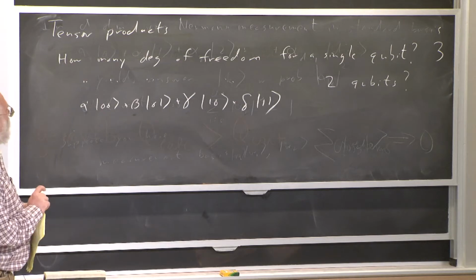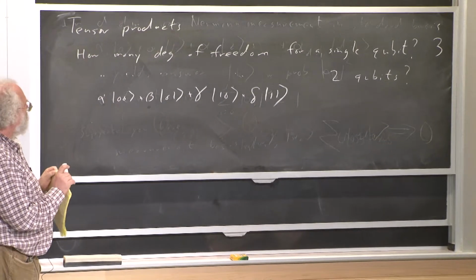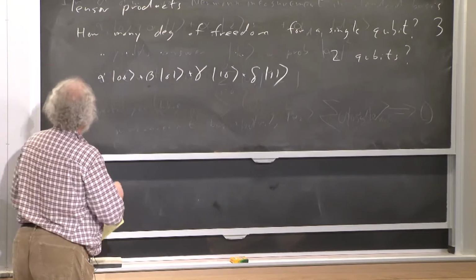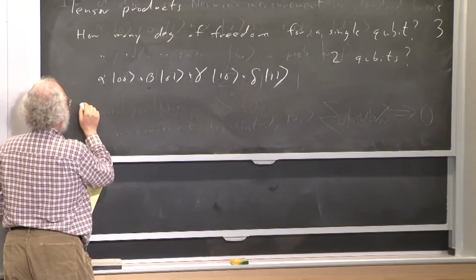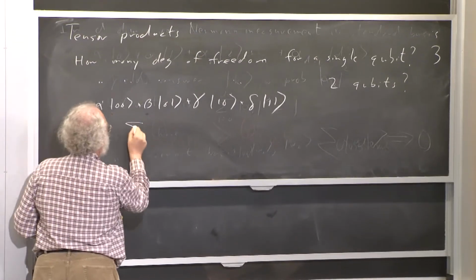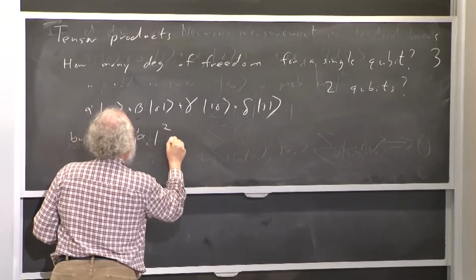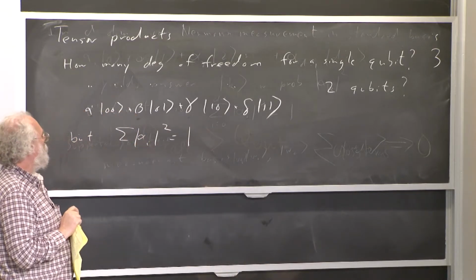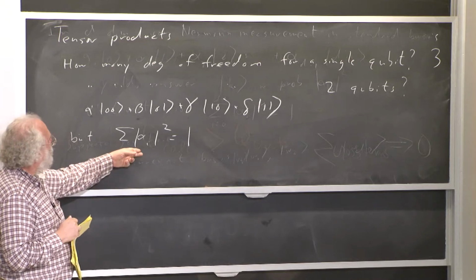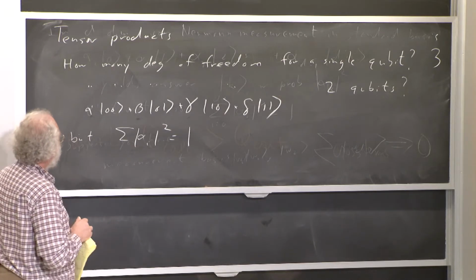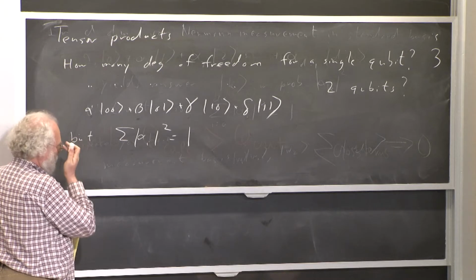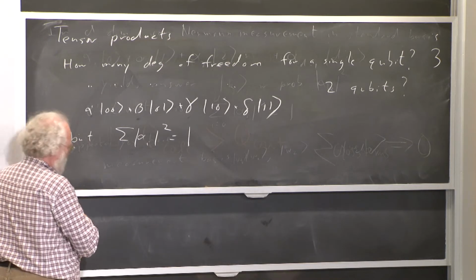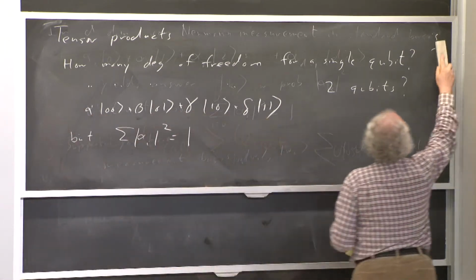But then we have to subtract some things. But the sum of the squares of the amplitudes is equal to 1. So that gives you 1 fewer degree of freedom. And wait, 3? No, this is 2.